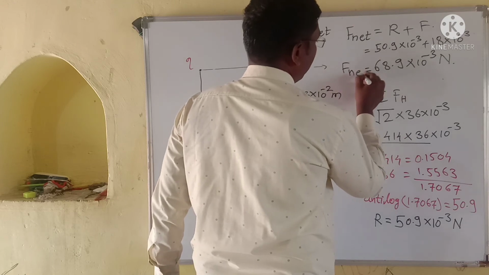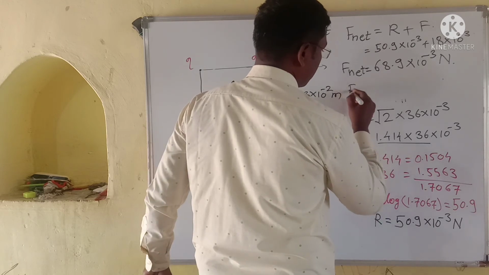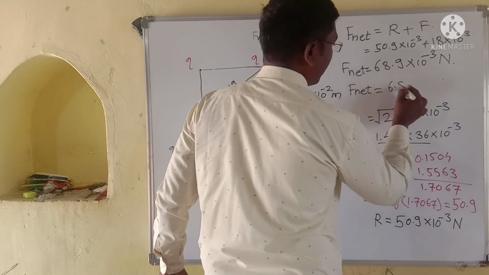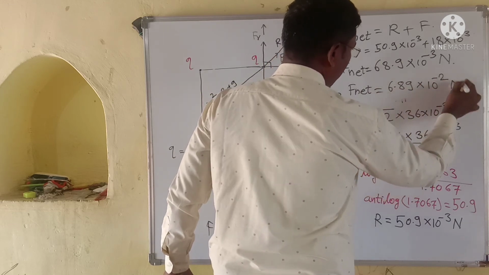F net is equal to 6.89 into 10 raised to minus 2 Newton.